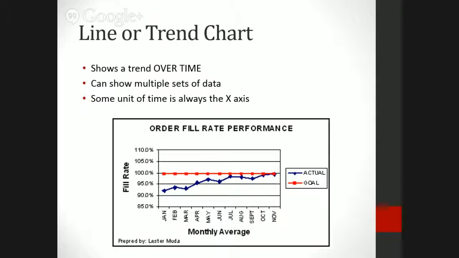A line or trend chart, okay? You can put multiple sets of data on it, but basically, as the name suggests, it shows a trend. This is our fill rate. I don't know why that goes to 110%, but here's our goal, 100%.